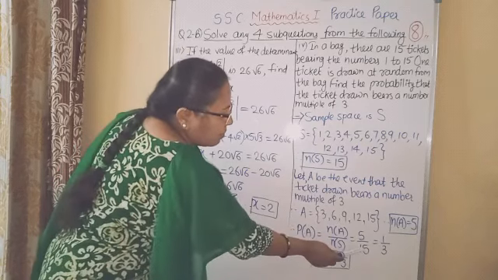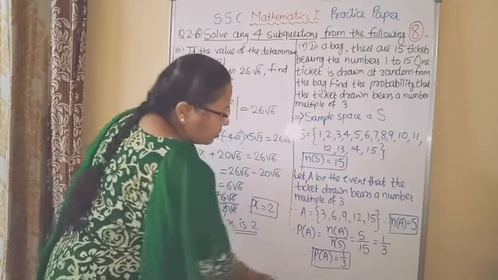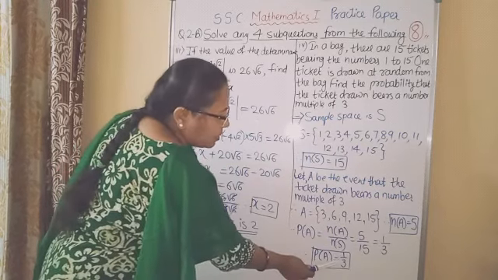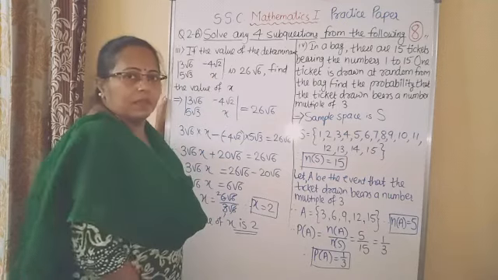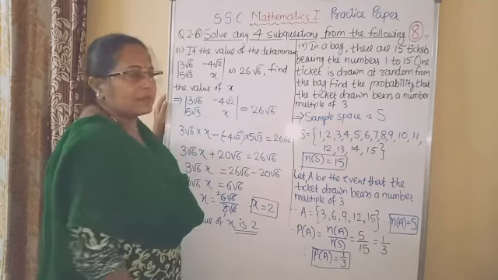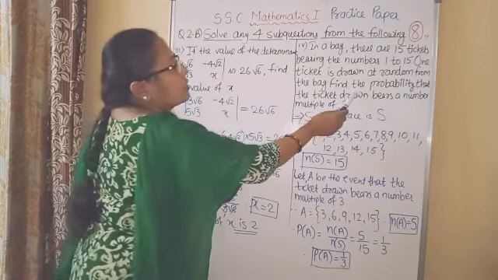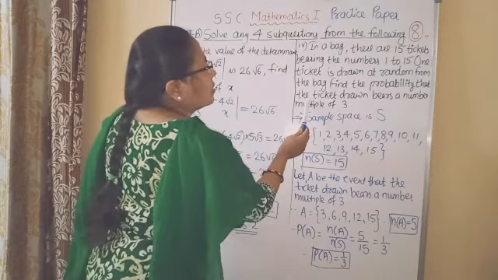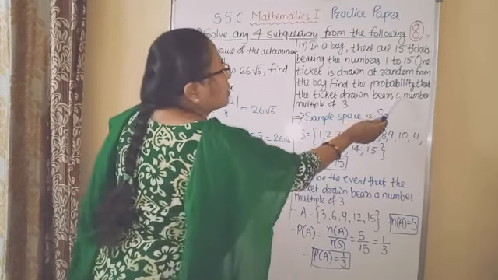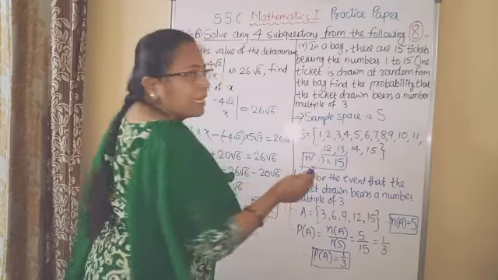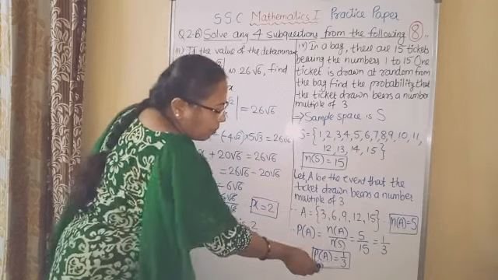Simplify: 5 ones are 5, 5 threes are 15, so 1 upon 3. So the probability of event A is 1 upon 3. Now write the answering statement. Therefore, the probability that the ticket drawn bears a number that is a multiple of 3 is 1 upon 3.